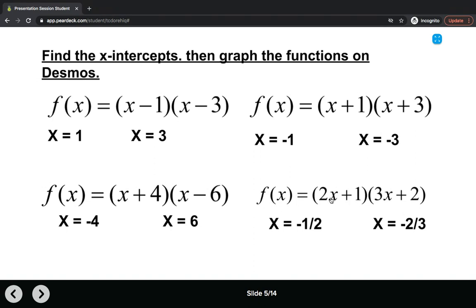And then that last one required an extra step in that we had to divide both sides by 2, and then in this one, you should have divided both sides by 3. So we got fractions for that one, which is completely okay. When you graph them, it's possible to get fractions.